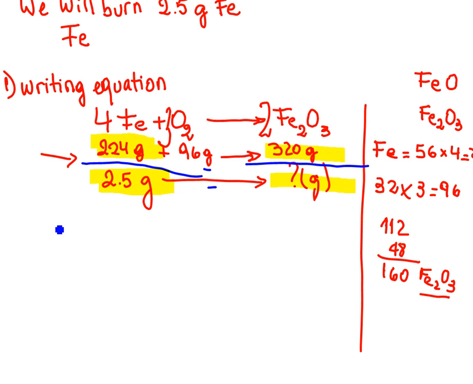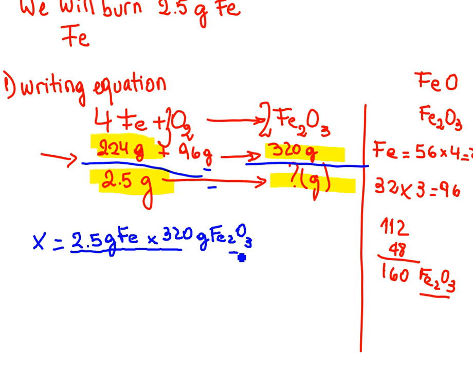Since I have my proportion there, I have X equals 2.5 grams of iron times 320 grams of iron 3 oxide divided by 224 grams of iron.